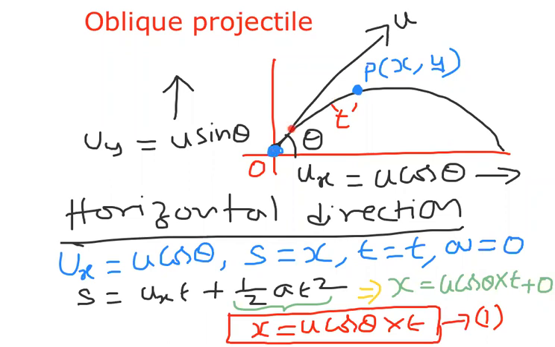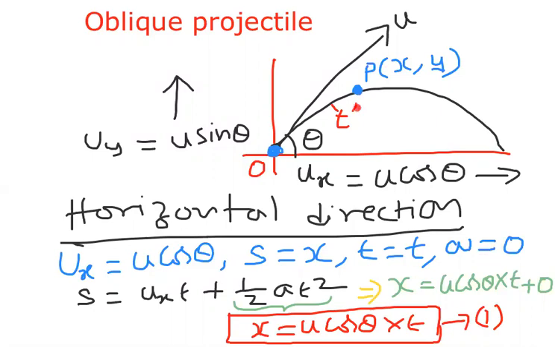The body travels simultaneously in the horizontal as well as vertical direction. First I am taking the horizontal direction. Initial horizontal velocity ux is u cos theta. The horizontal displacement s is equal to x, horizontal velocity u cos theta times time t.